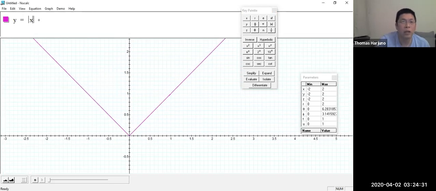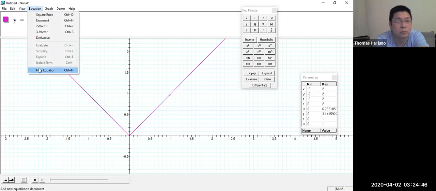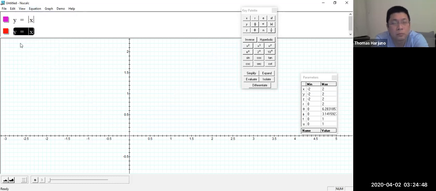Now what happens if I keep that absolute value pattern and I change that x becomes x minus 2?